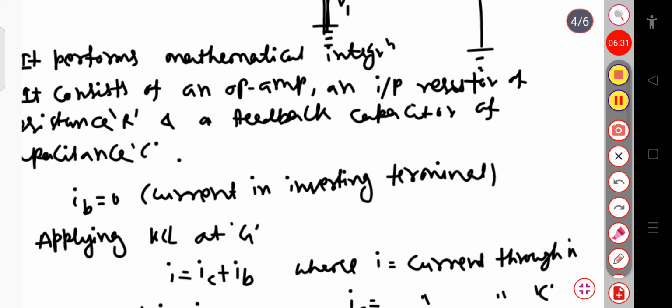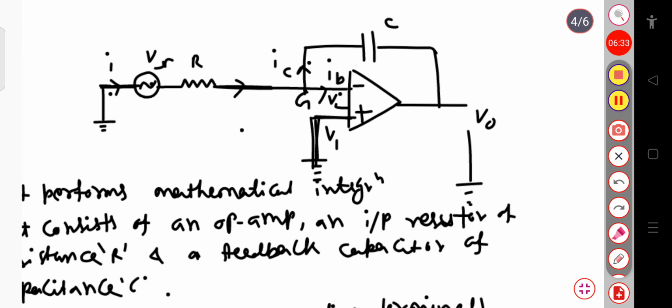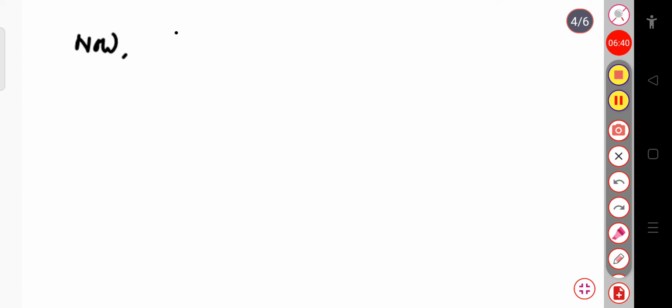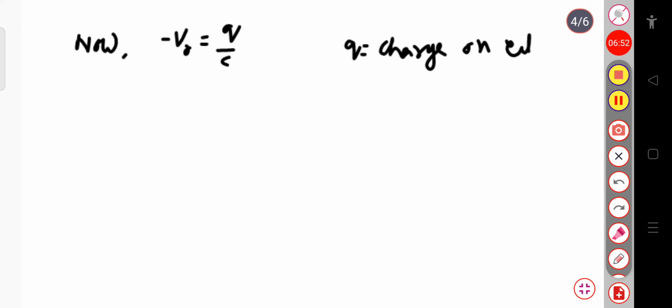And here in this diagram you can write minus VO will be equal to Q by C, where Q equal to the charge on either plate of C, that is the capacitor.